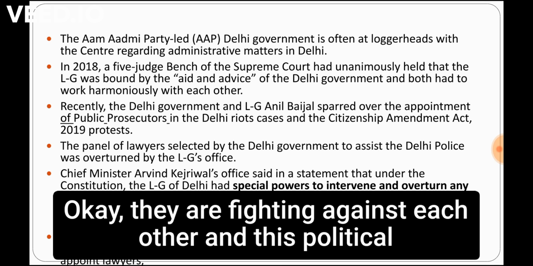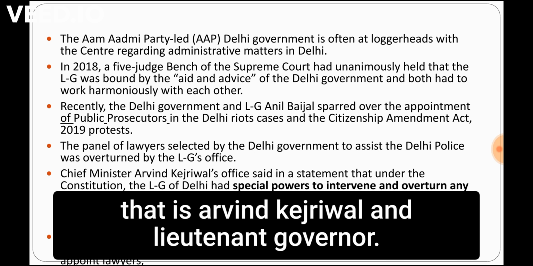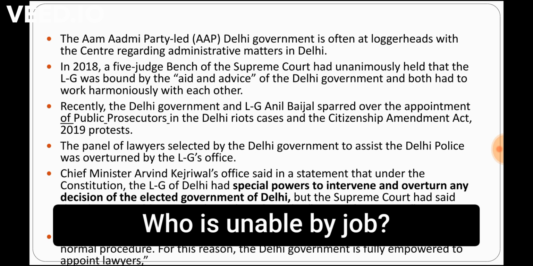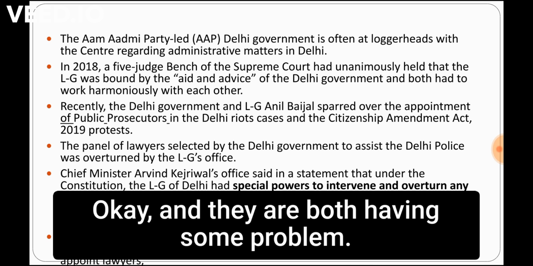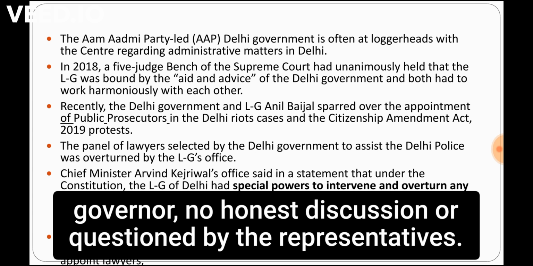They are fighting against each other, and this political fight is seen in the affairs between the Chief Minister, that is Arvind Kejriwal, and the Lieutenant Governor, who is Anil Baijal. They are both having some problem.